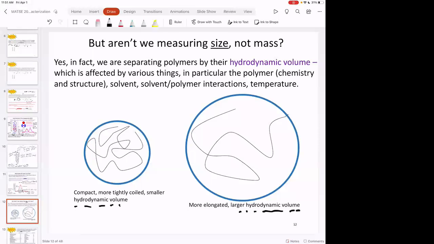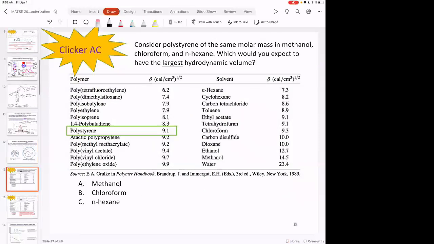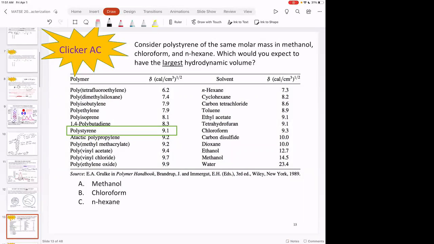So you can get out your clickers, right? I think we're up to 45. So we've got polystyrene of the same molar mass. So we have 3 samples of polystyrene, same molar mass in methanol, chloroform, and hexane. Which would you expect to have the largest hydrodynamic volume?